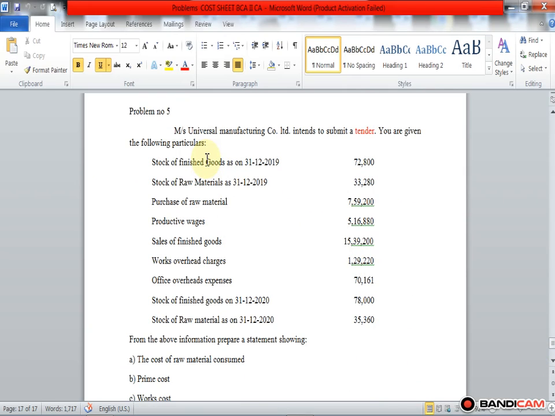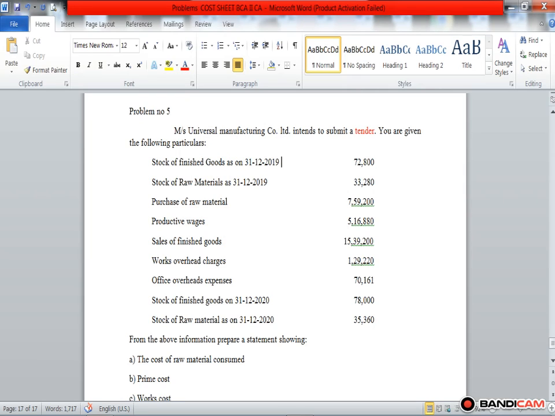Messrs Universal Manufacturing Company Limited intends to submit a tender. You are given the following particulars. Stock of finished goods as on 31st December 2019.